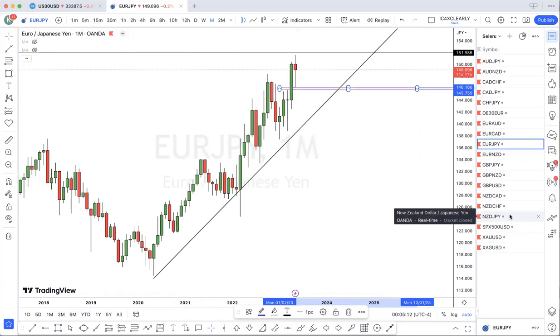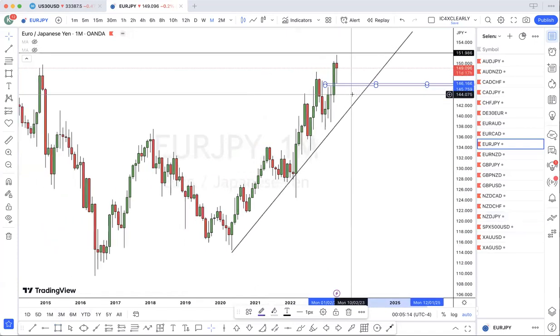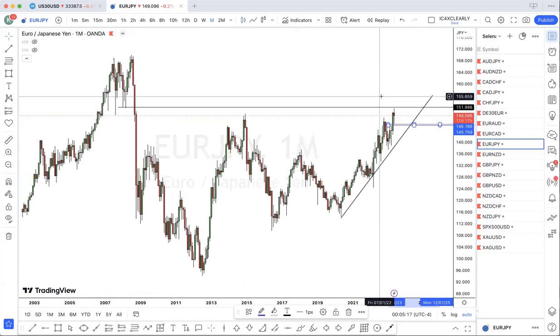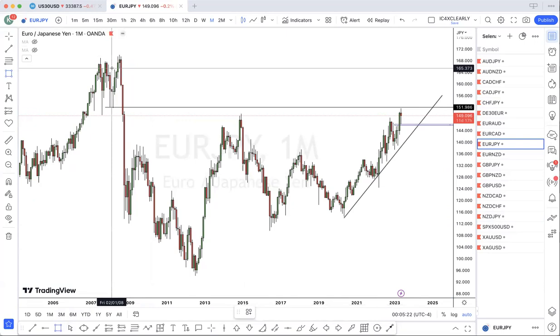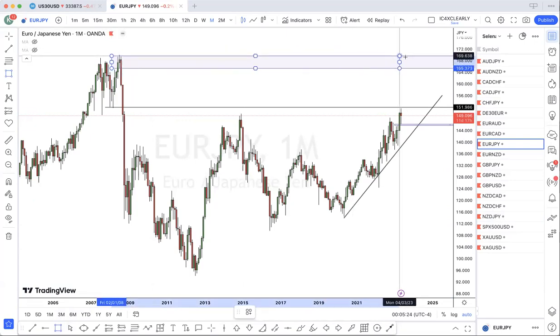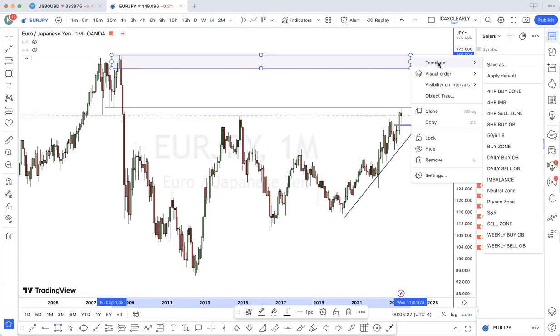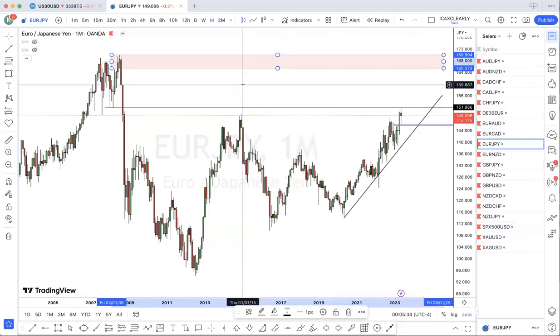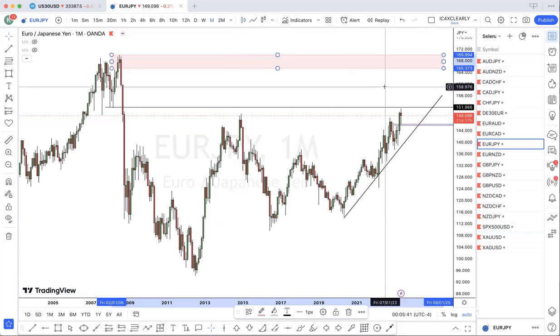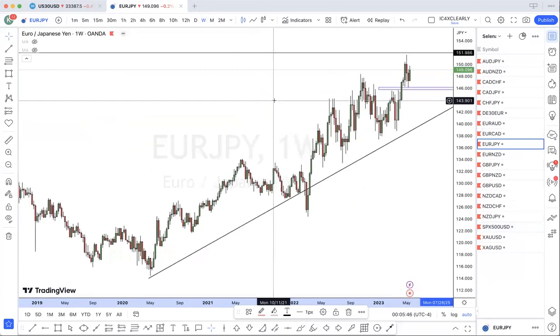It can be a sell back down to close this imbalance or a continuation of a buy to either this area of supply. Let's put a sell zone. Or fill in some of this imbalance here. Okay. So that is, oops, on the monthly.